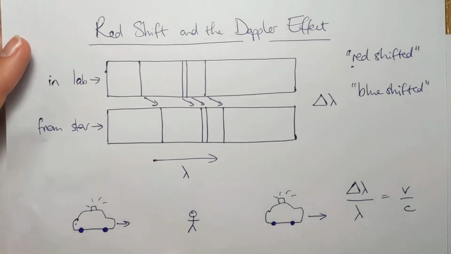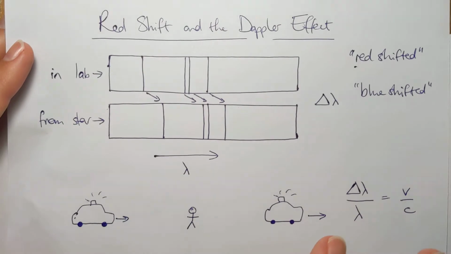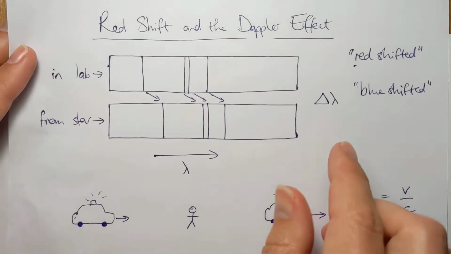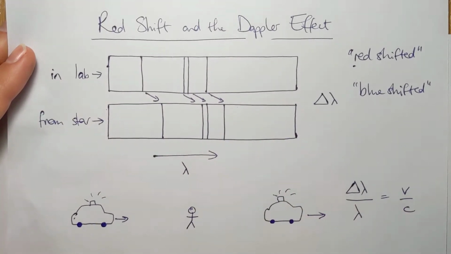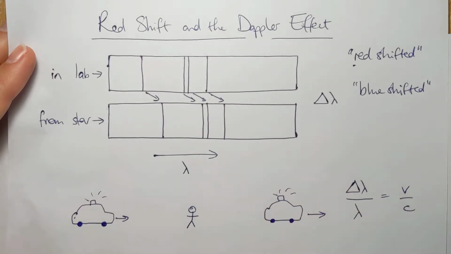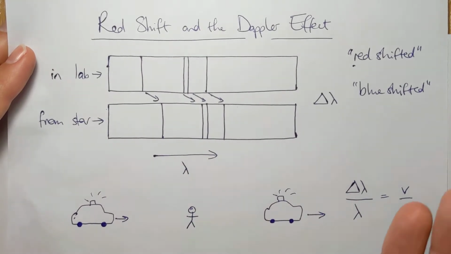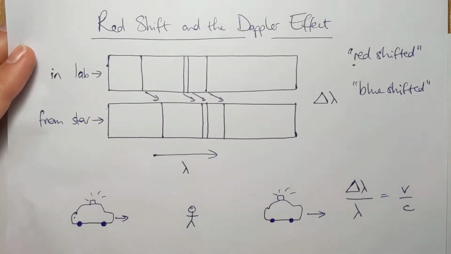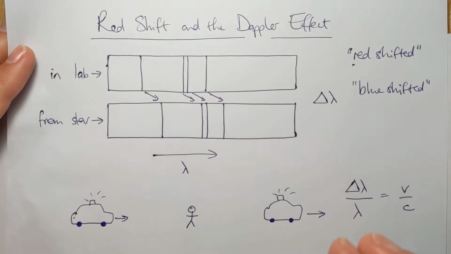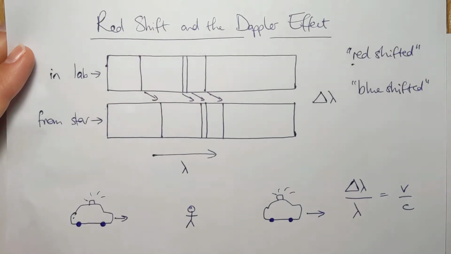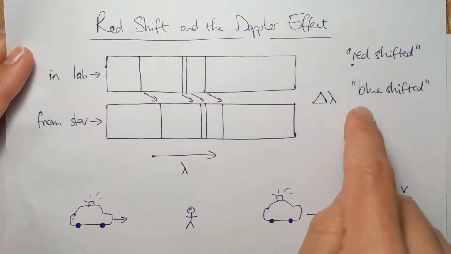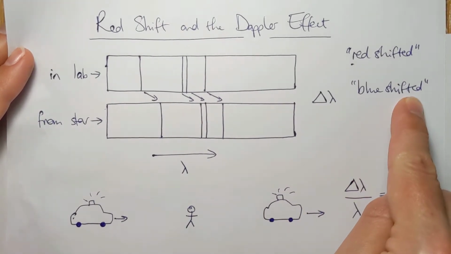We also saw that you can have the Doppler effect with light as well. So if we have a nearby galaxy that's spinning, the stars on one side of it will be coming towards us, and so the light waves from those stars arriving at Earth will have a shorter wavelength, and we call that blue shifted light.